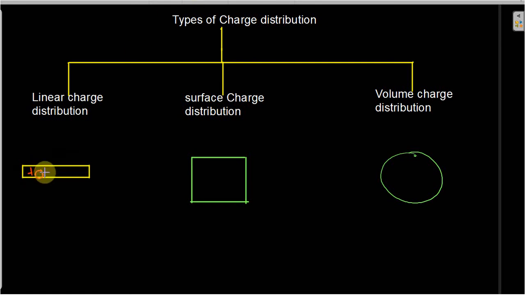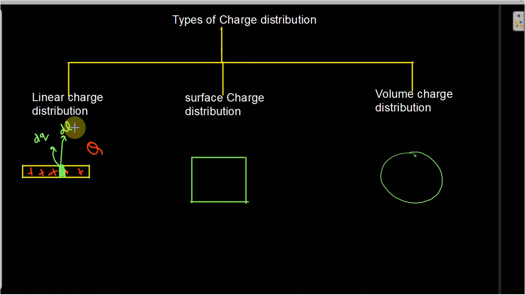This body has a positive charge, and let the value of charge be Q. Now we will choose a small element of this rod, and let the charge on that element be dq, and the length of this green portion be dl.